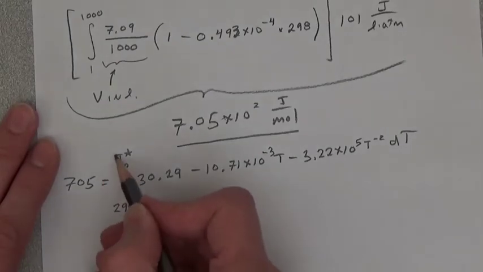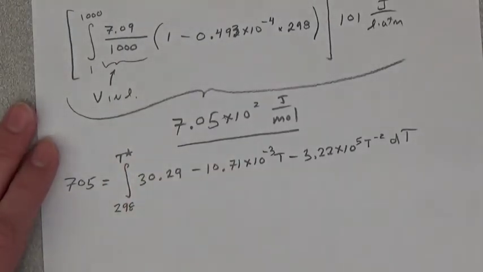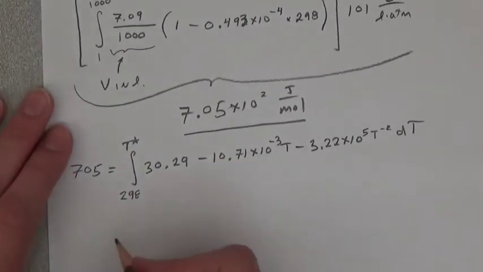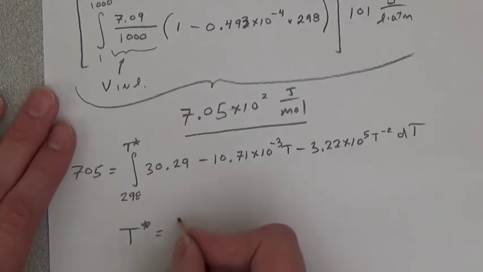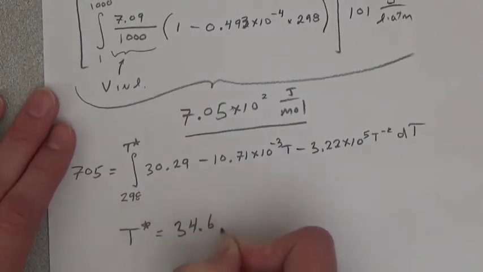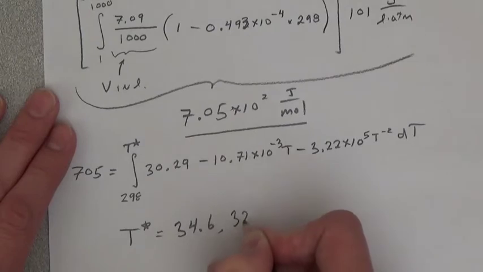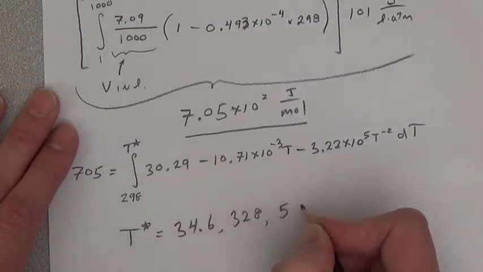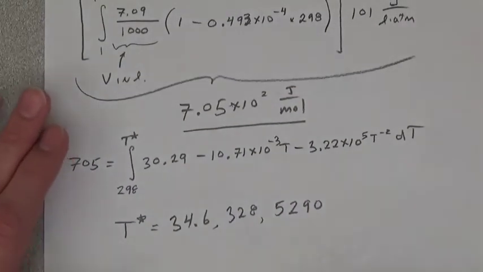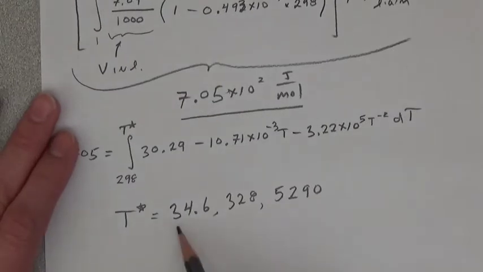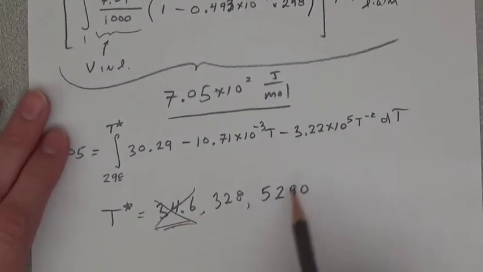And when you solve this, you're going to find 3 roots. You're going to find T star is equal to 34.6, 328, and 5,290. Well, we know that we have to put energy into the system, so it can't be decreasing the temperature.